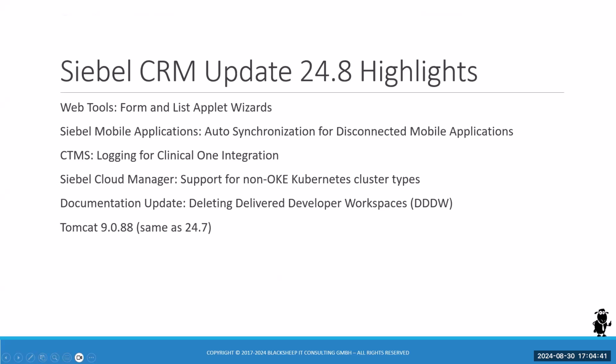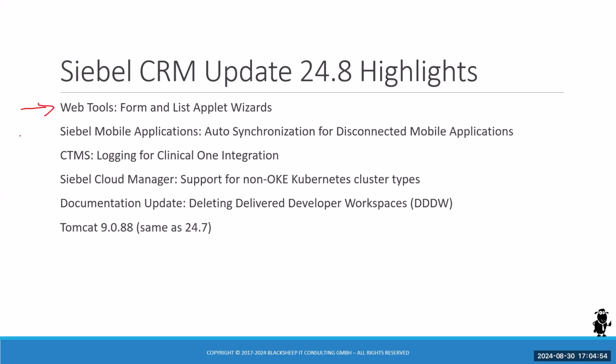So let's start with the update highlights for 24.8, which means we have a new, just getting my bearings here, sorry. We have not one, but two new wizards in Web Tools, Form and List Applet.